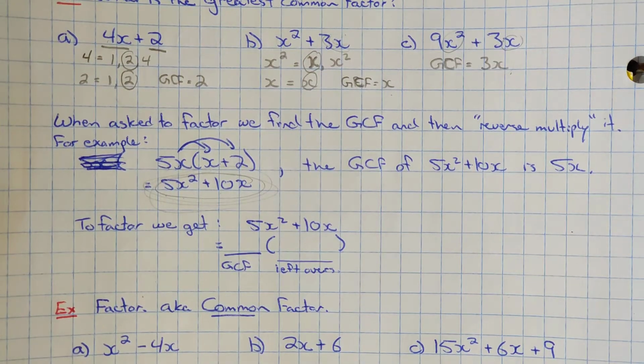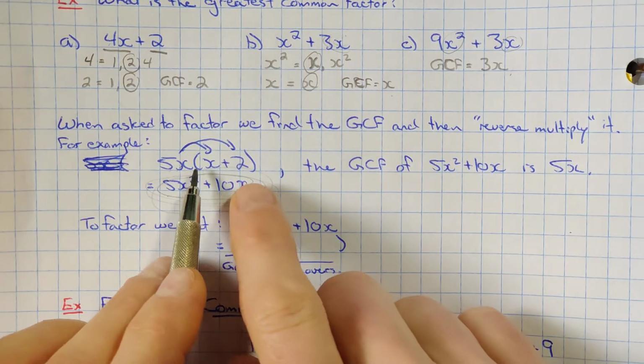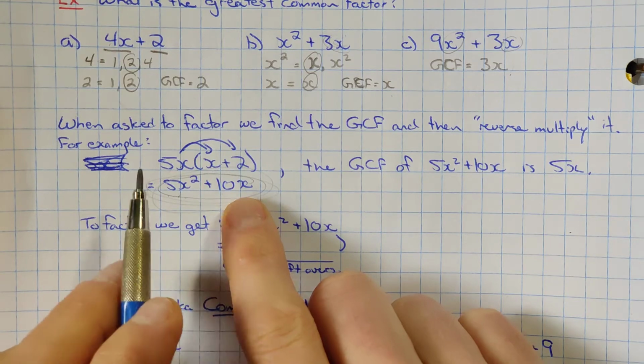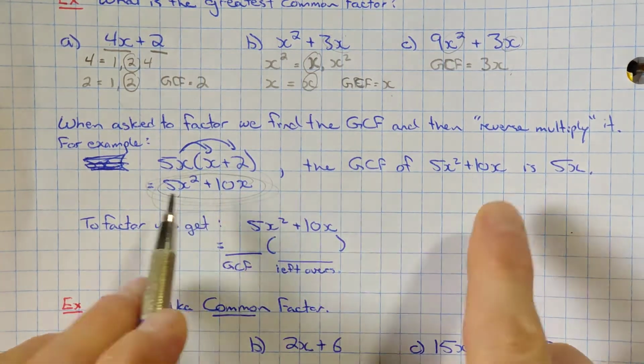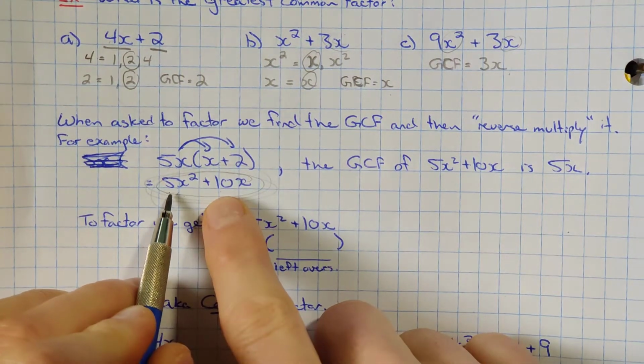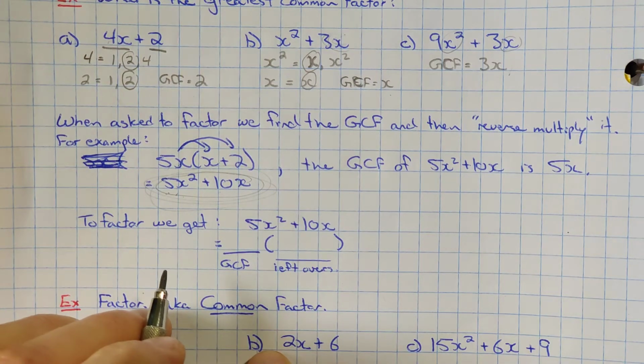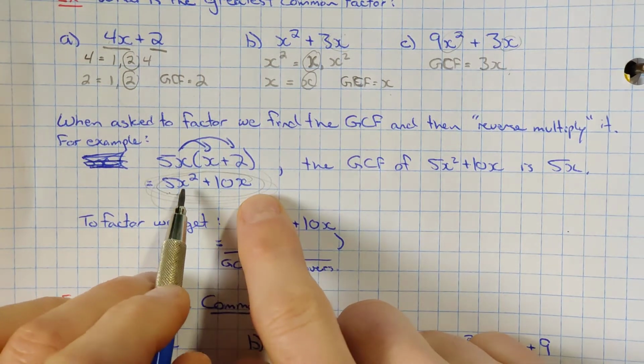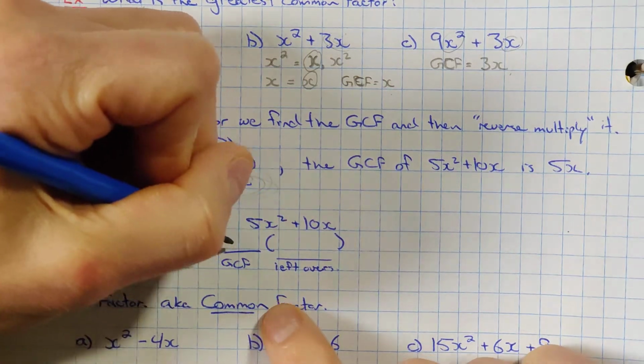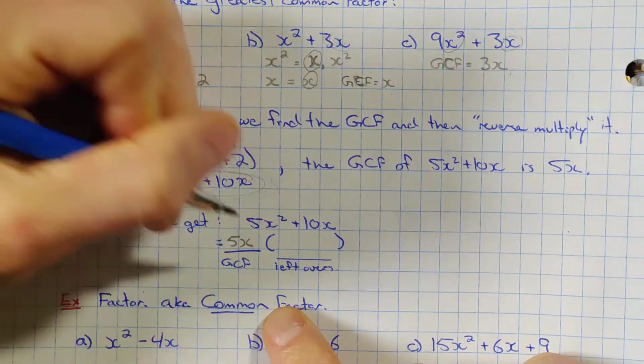So to do that, we need to look for the greatest common factor between these two terms, which in this case is 5x. 5 and 10, the greatest common factor is 5, and x squared and x, the greatest common factor is x. So 5x is our greatest common factor.